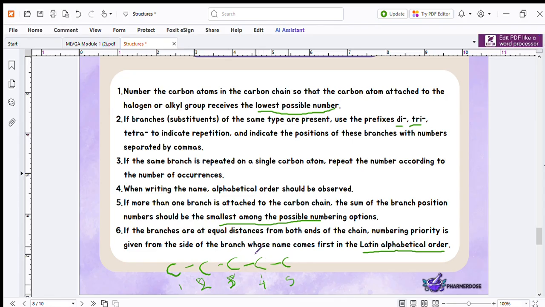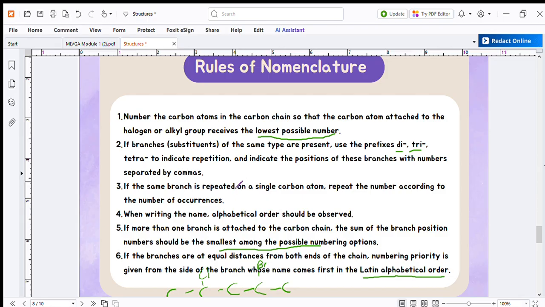So, meron tayo dito, naka-attach bromo or Br. Then, dito po meron po tayong chloro. So, ano po ang mauna sa name? Yung bromo ba or chloro? So, according to the Latin alphabetical order, yung bromo po ang mauna sa chloro, kasi yung B precedes the C when it comes to the Latin alphabetical order. So, these are some rules na we should consider when naming the carbonic or organic compounds.